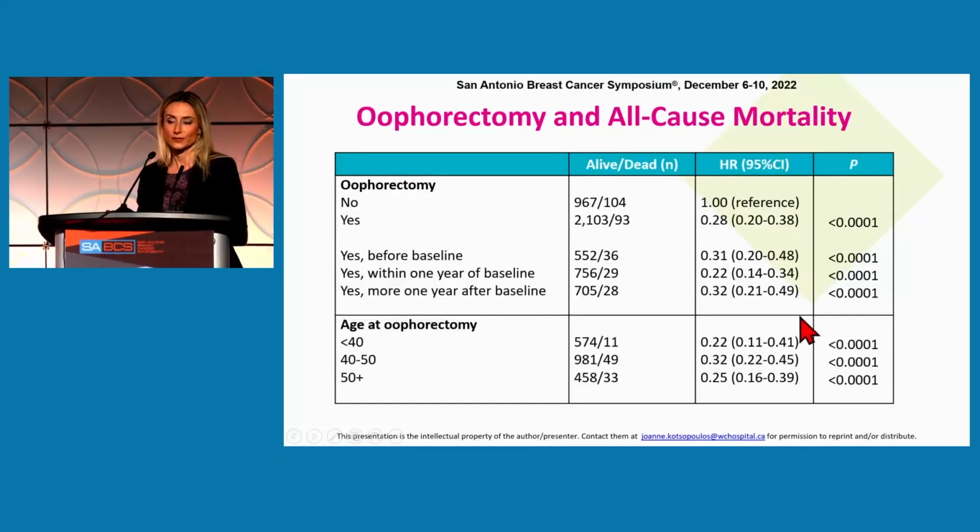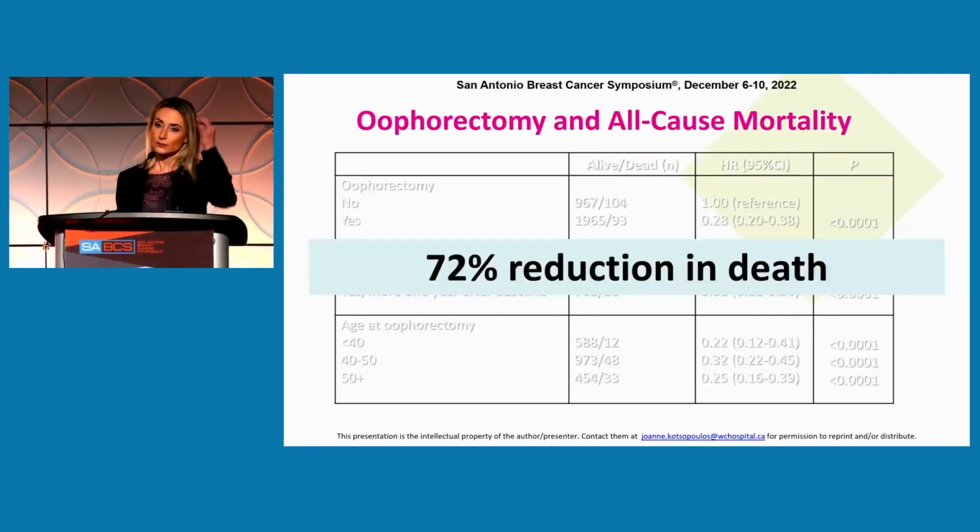And in our multivariate modeling, where we looked at oophorectomy and age at oophorectomy and whether they had had an oophorectomy prior to enrollment or after, it didn't really matter and we saw a similar reduction in the risk of death, between 70 and 80% reduction in death. So overall, there was a 72% reduction in death when we conducted our multivariate analyses. So again, reiterating the important role of bilateral salpingo-oophorectomy in this population.